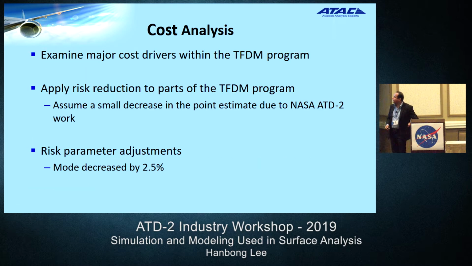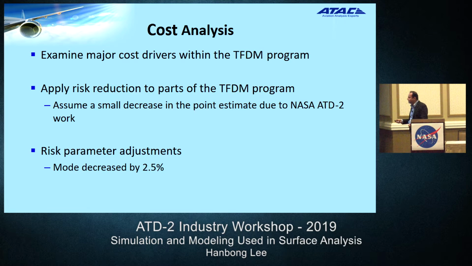Now on the cost side, again, MCR did an extensive survey of the TFDM work breakdown structure, and they also looked at what ATD-2 was developing, and they found places where the algorithms, the software, and the processes that ATD-2 is developing would reduce the risk in the TFDM program for specific parts of that work breakdown structure.